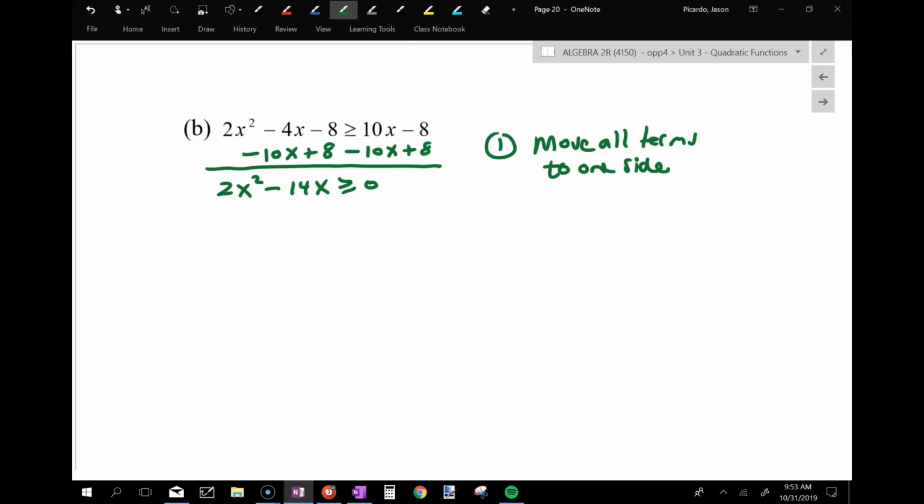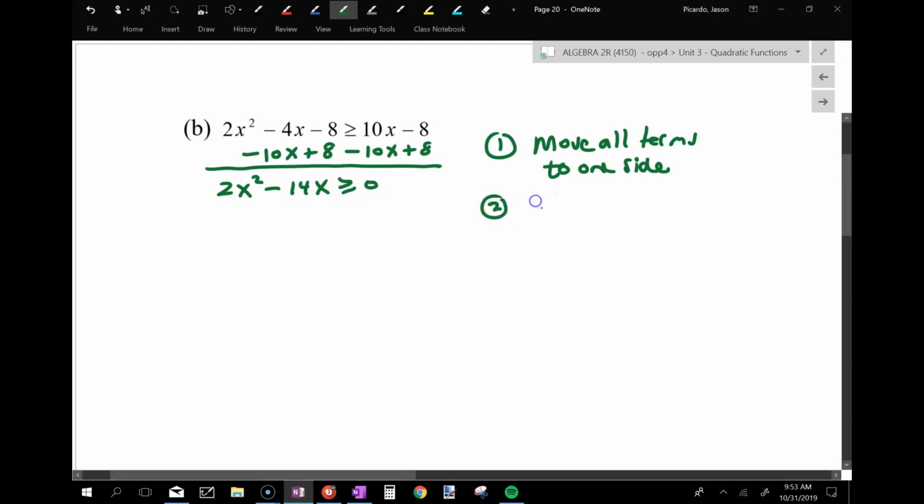All right, now it looks like something from the previous page, correct? And my second step is to find the roots. So I'm going to set this equal to 0 now, right? What's my first step of factoring? Look for a greatest common factor.